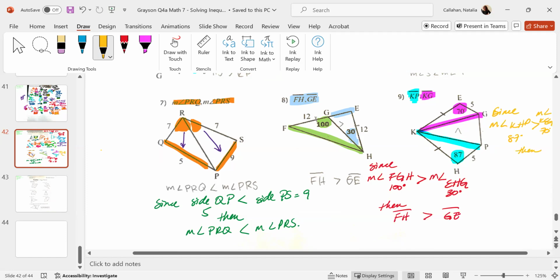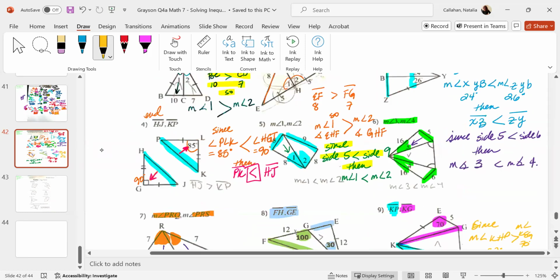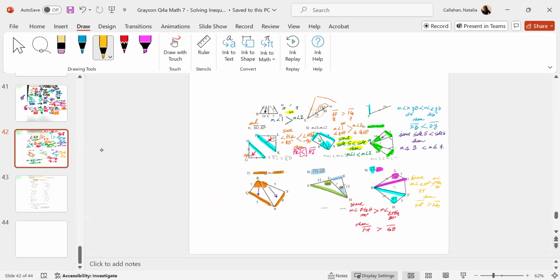Then, well, this is bigger, so KP, which is the side, is greater than KG. And that concludes the first page of this one. Okay? Sounds good? Did you write all those down? Okay, let's do that first. I'm gonna pause this so you can have the time to do that.